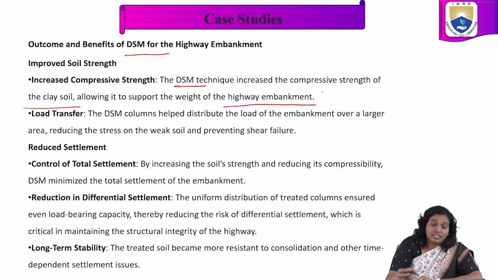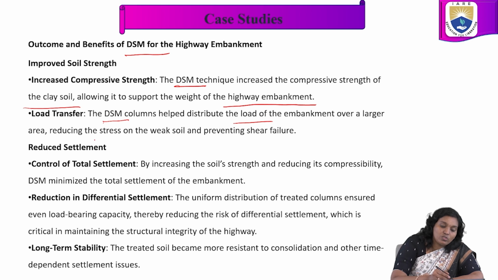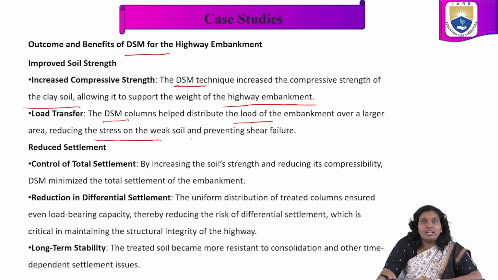In load transfer, the deep soil mixing columns helped distribute the load of the abutment over a large area, reducing the stress on the weak soil and preventing shear failure.